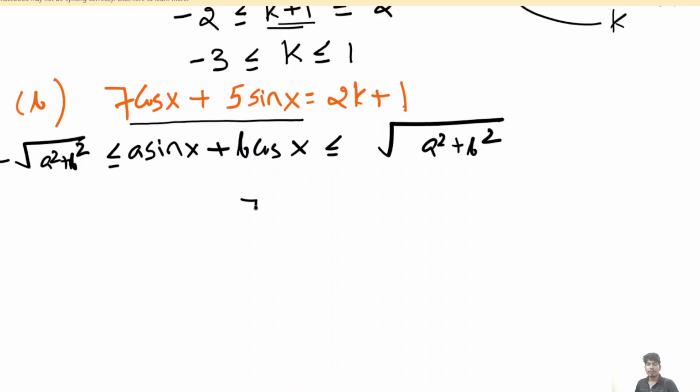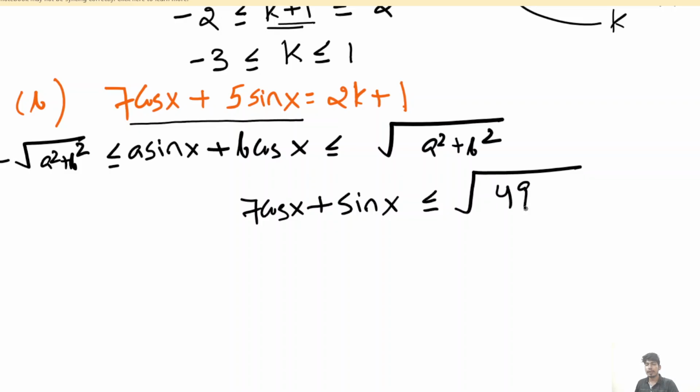Then 7 cos x plus 5 sin x is less than or equal to the root of 7 square, that is 49, plus 5 square, that is 25, and greater than or equal to minus the root of 49 plus 25.